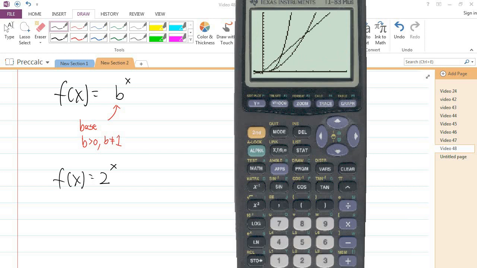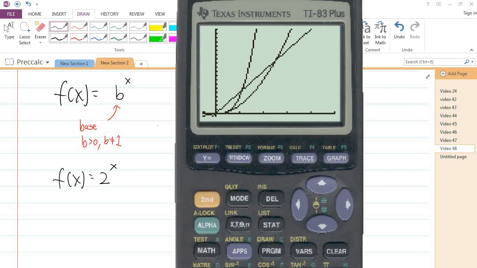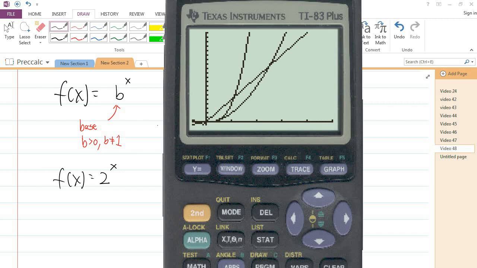We see that starting out, the line is larger than either the quadratic or the cubic. But as x gets larger, the other two graphs catch up pretty quickly. X to the third catches up first, which makes sense. It catches up by the time x is 2.